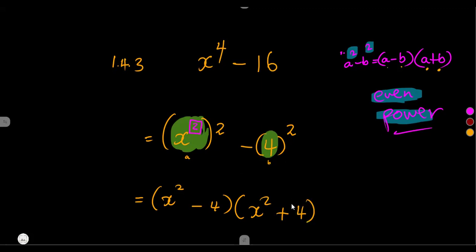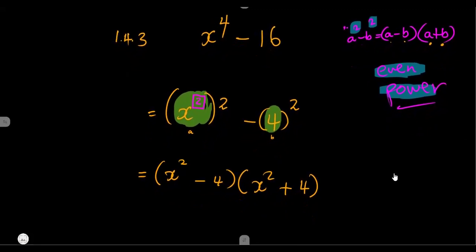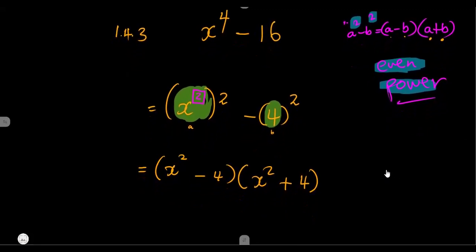But as we can see, we have applied the difference of 2 squares properly, but still have another difference of 2 squares here. So check your answers. Do not just rush to underline to say I'm done. No, check again, especially for difference of 2 squares. In most cases, they will give you a difference of 2 squares 2 times or even 3 times, depending on the question.